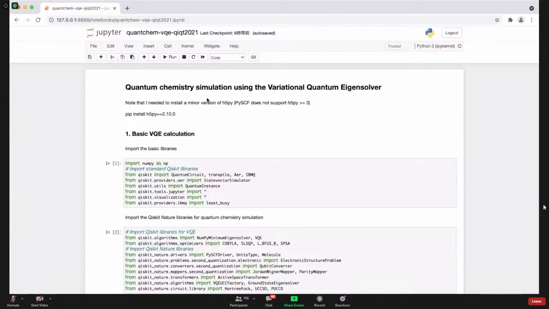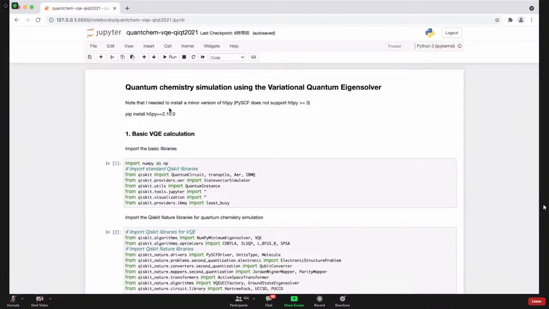Note that I use a simple environment from Miniconda, and I tried the default installation using pip install qiskit, pip install qiskit-nature, and pip install PySCF, because we're using PySCF as the electronic structure solver for Hartree-Fock.